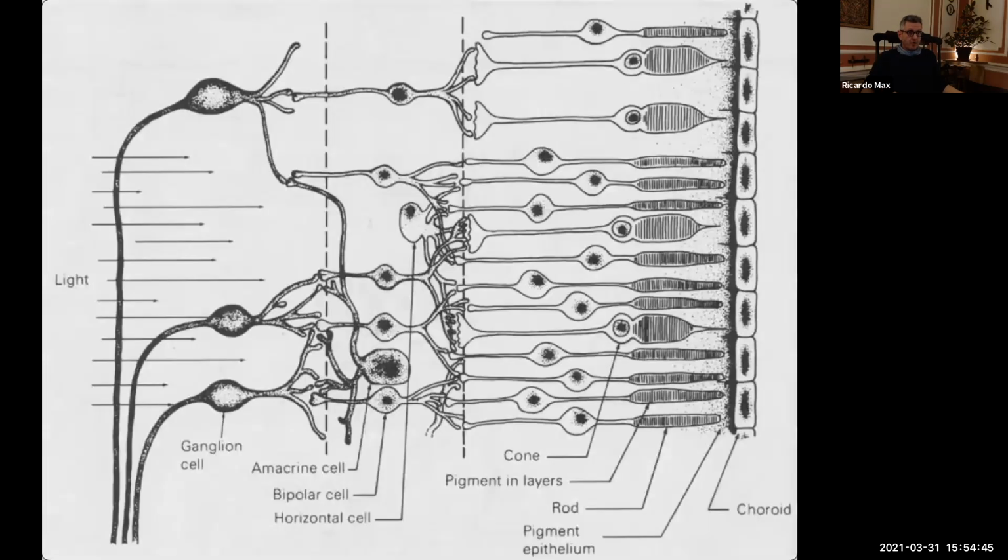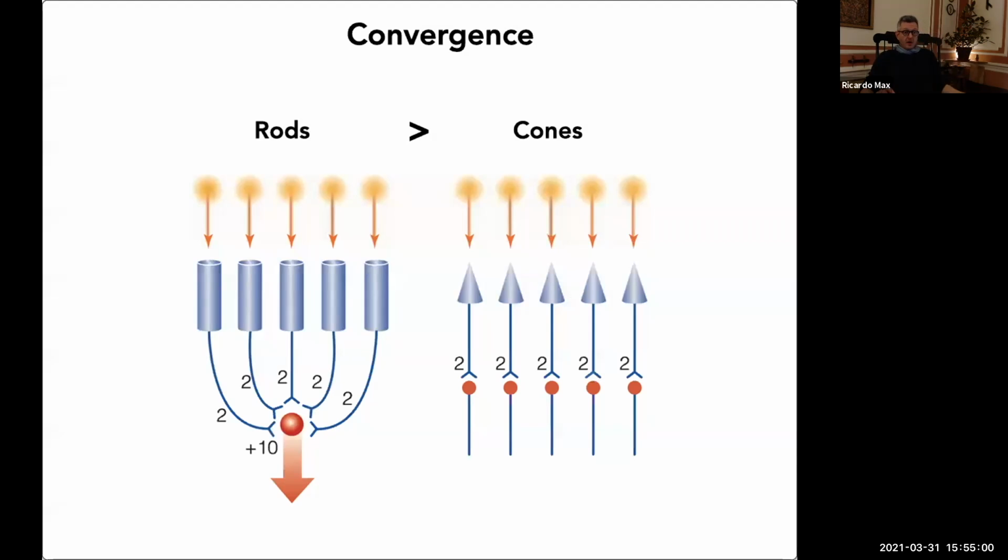Convergence, this is important. Convergence means how many receptors converge into one ganglion cell. They differ, rods and cones. Many rods converge into one ganglion cell, and cones in the center of the fovea, in the best case scenario, have 1-to-1.